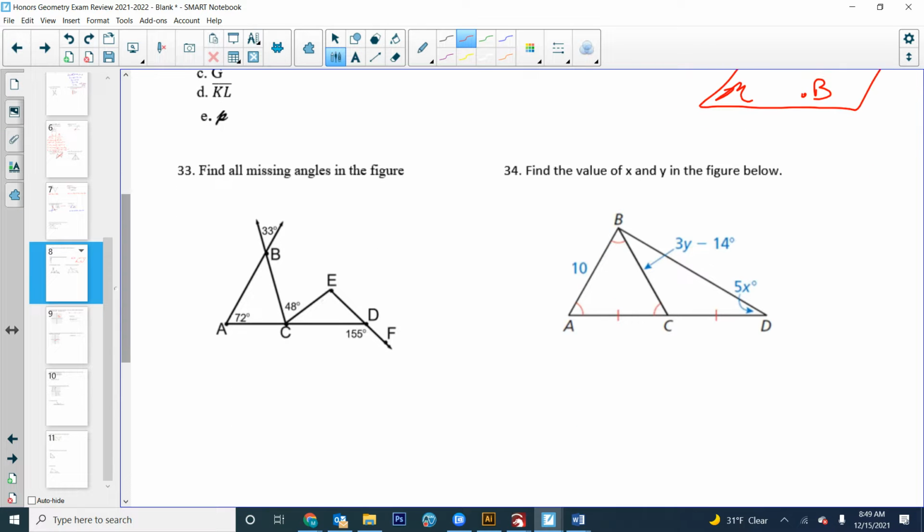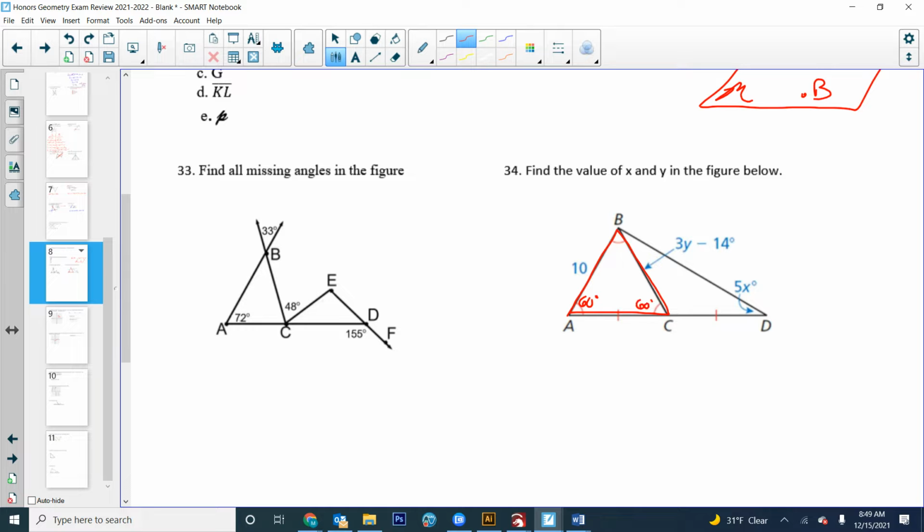33 or 34? Both or one or the other? 34. All right. What kind of triangle is ABC? How would you classify it? Equilateral. And so therefore it's also equiangular. Therefore, all 3 of these angles are 60.